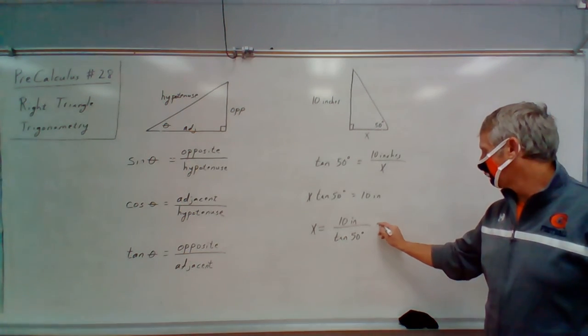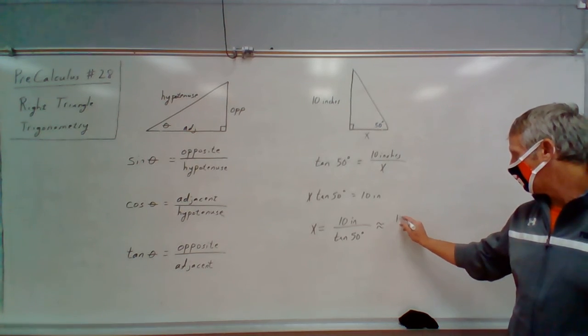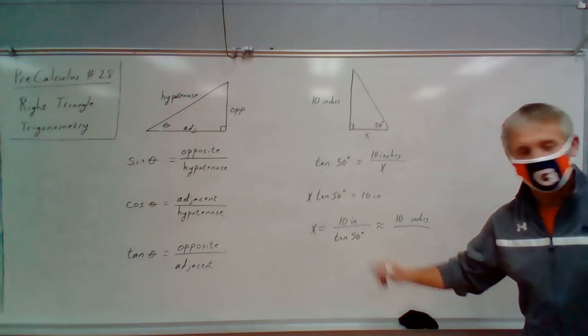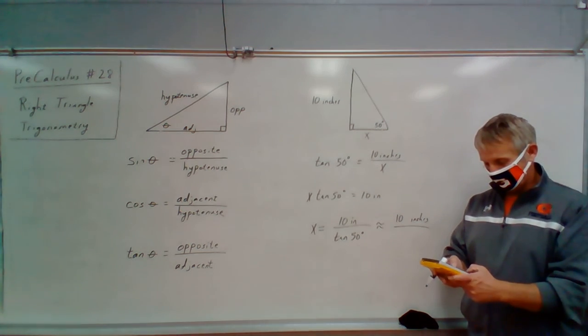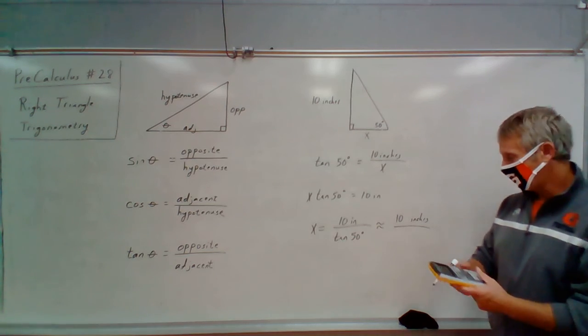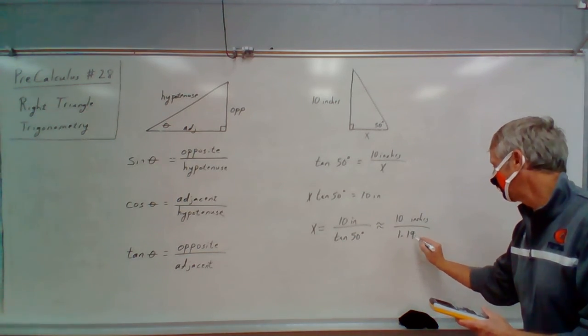All right, let's find an approximate value to this. So I have 10 inches divided by, and now I'm going to ask my calculator to give me an approximation for the tangent of 50 degrees. So tangent 50 is approximately 1.19.